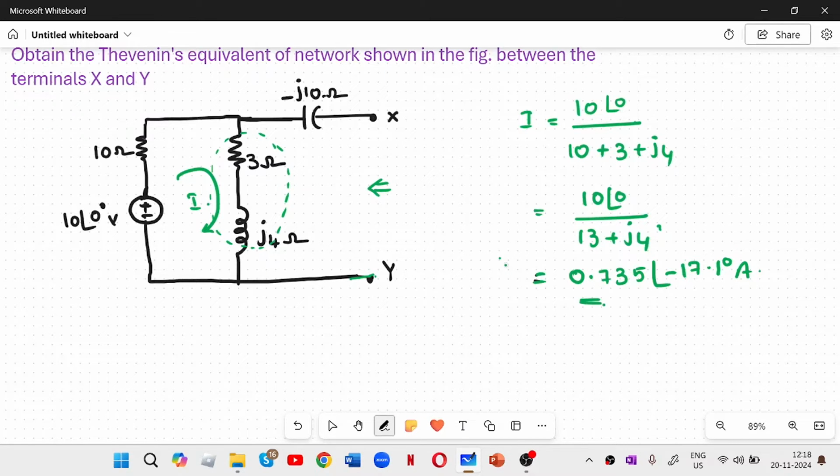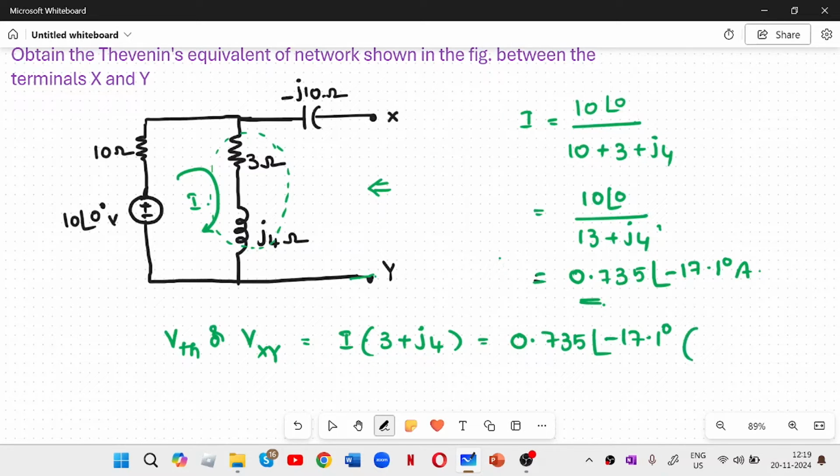As we have already found the current, V Thevenin or Vxy is equal to the current that is flowing through multiplied by the branch impedance, right? So this is nothing but 0.735 at an angle minus 17.1 multiplied by 3 plus J4 ohm, right?